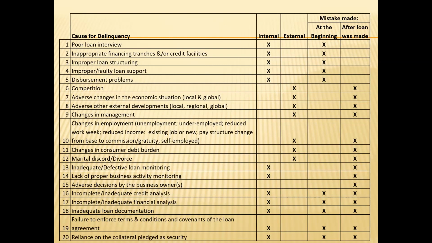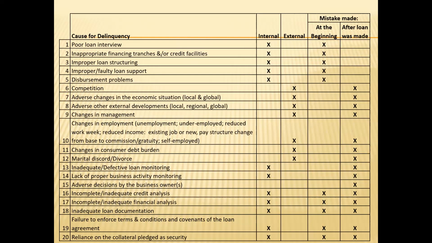If the customer is facing competition, that's an external problem and happened after the loan is made. Adverse changes in the economic situation, local and global, that's external after the loan is made. Adverse other external developments, local, regional, global, again, that's external after the loan is made. Changes in management, again, that's external. This is with regard to a business where they may have changed management, a business loan.